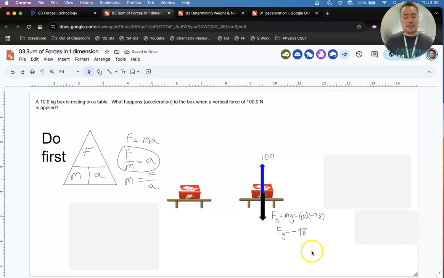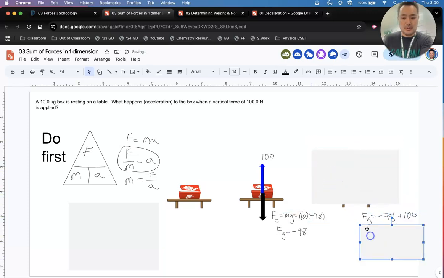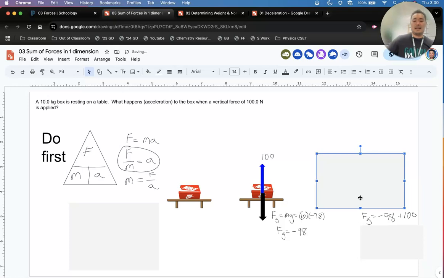But now we're going to add 100 newtons to it, to get the force that includes the 100 newtons pulling up. So we're now going to do this: negative 98 plus 100. Emiliano, do one more for us.